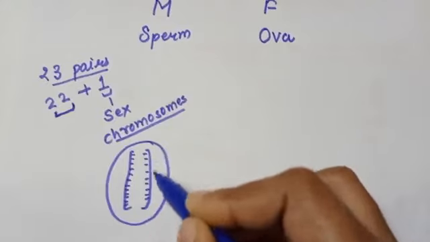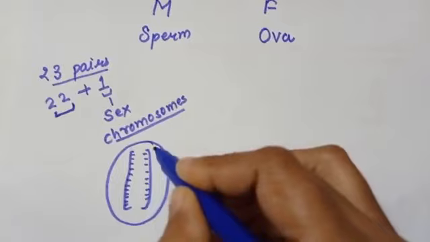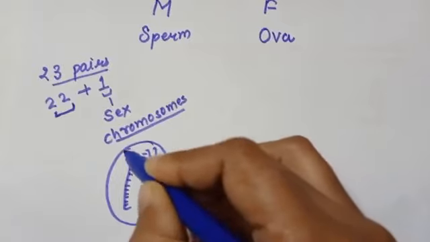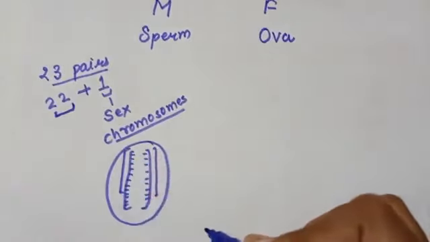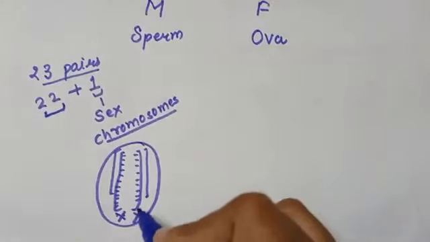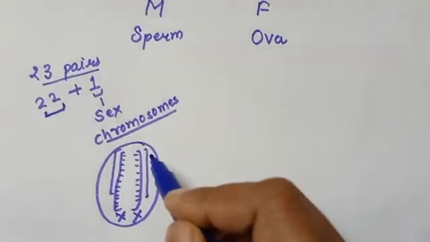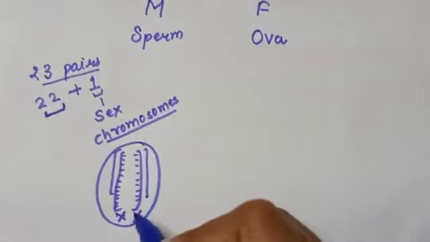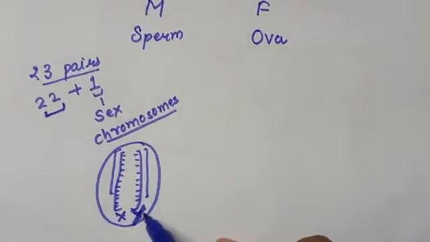The 22, 22 on both the sides will be the autosomes, and the last pair available in a male germ cell is XY type. We can write the code for that as XY.